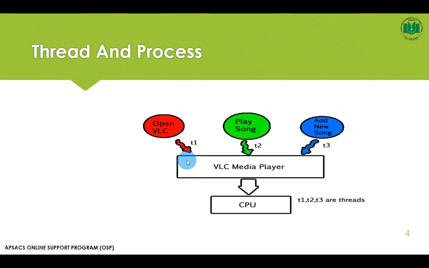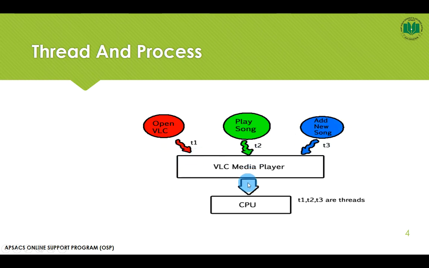When we select a song and hit the play button, another thread will be responsible for playing that song. And when we add another song, another thread will handle that song too, or will handle the playlist.